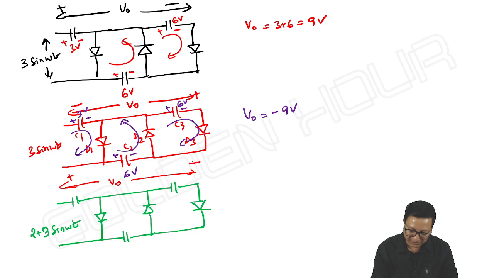It is given polarities like this only. Then what is the output? Is it 9? No, it is 11 volts.